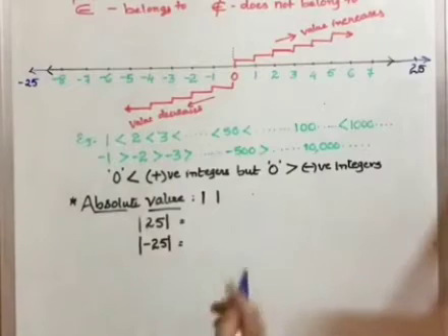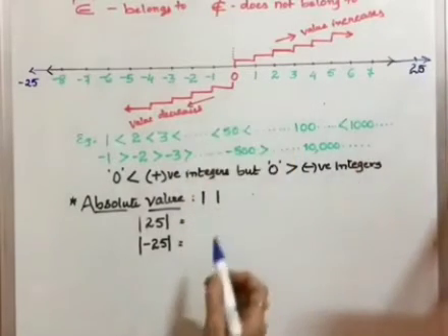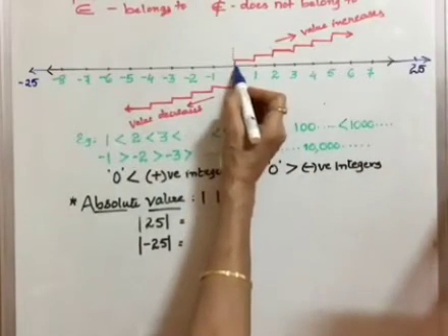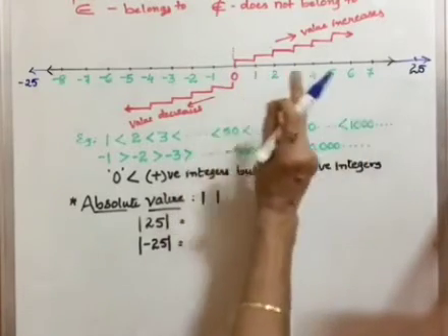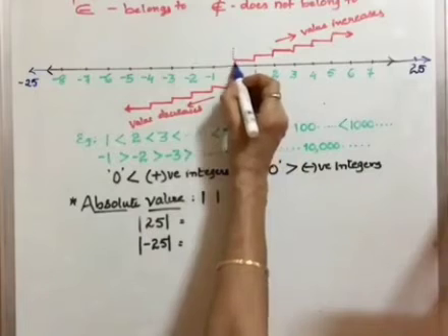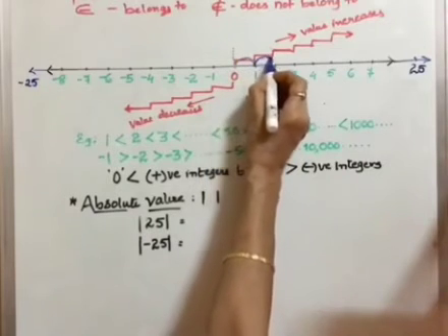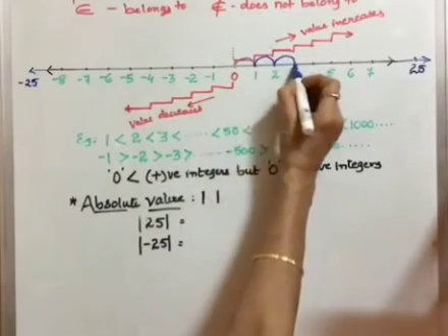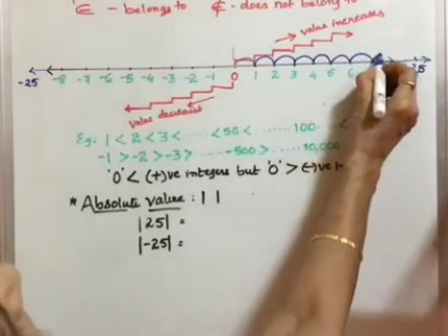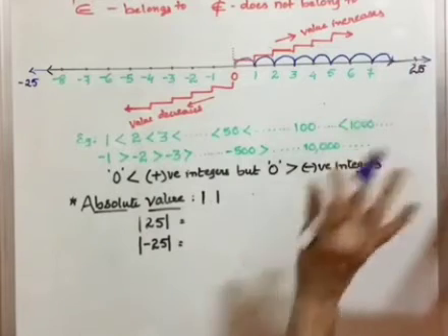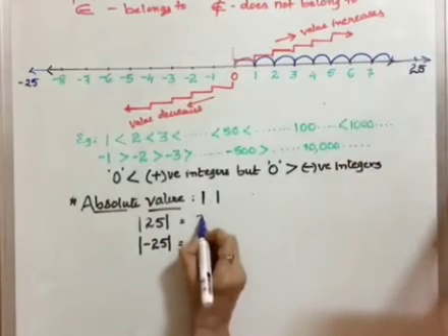How? To reach 25, starting from 0, you take how many steps? One step at a time, one integer at a time. 1, 2, 3, 4, 5, 6, 7, 8, 9, and so on. How many steps did I take? 25.